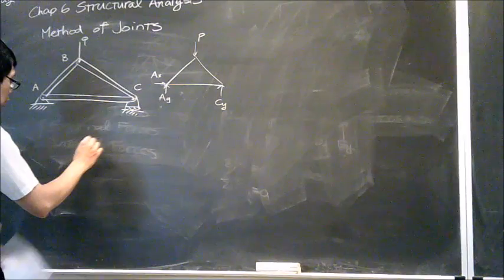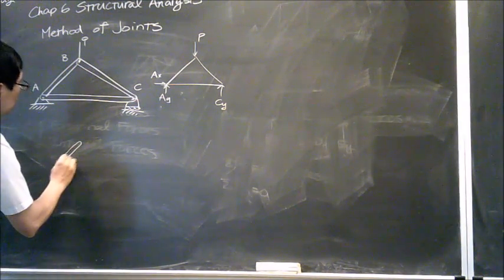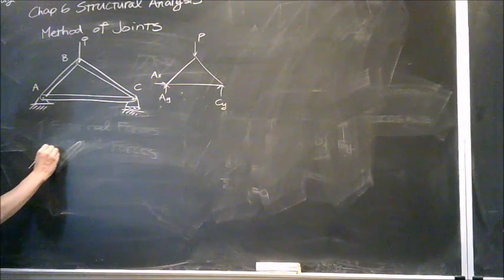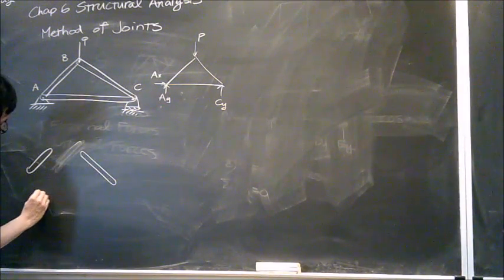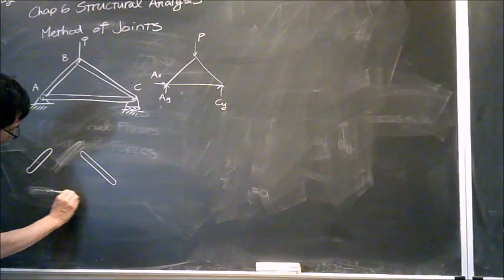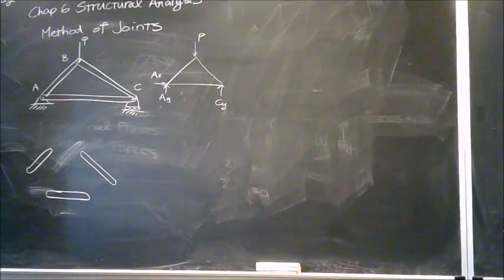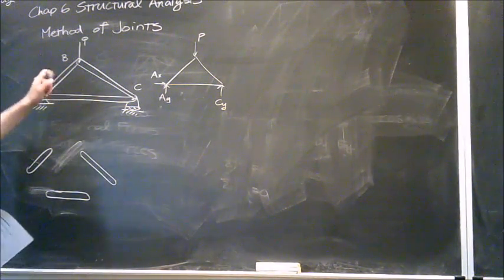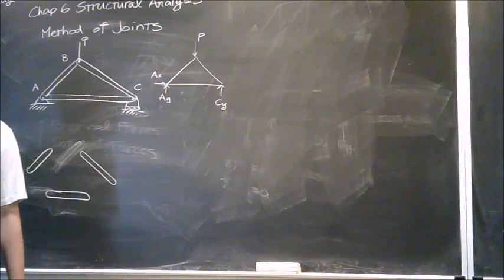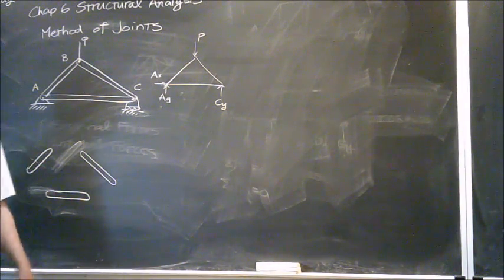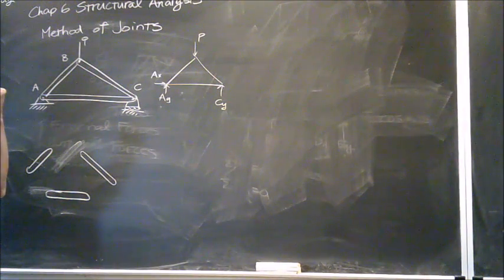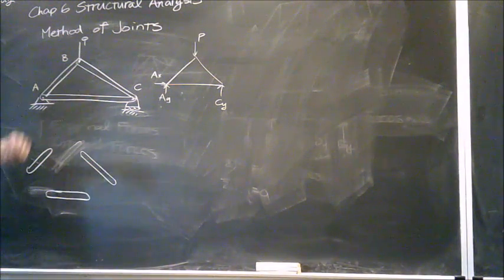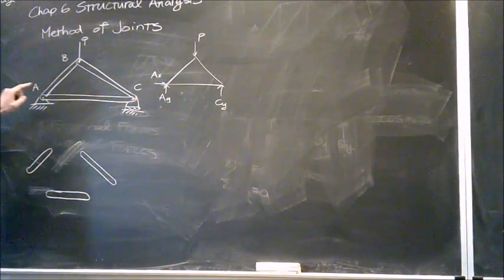Okay, so after you do that, you're going to decouple everything into 3 members. Now, when you have bar AB, how many points am I going to apply force on this specific member? 1, 2, 3, or more? How many points do I actually apply force to this thing? 2, both ends, right?